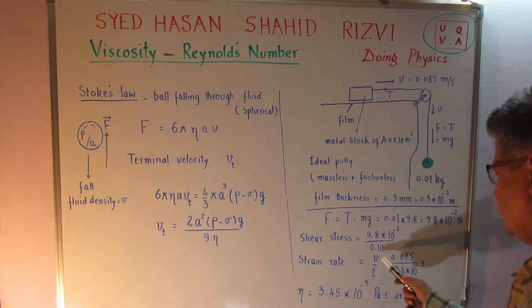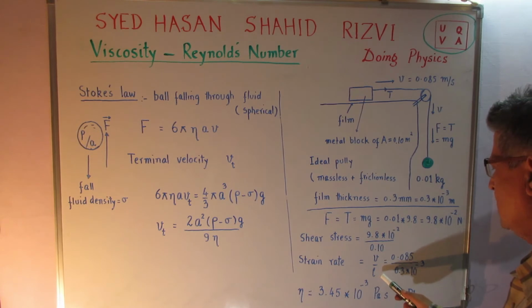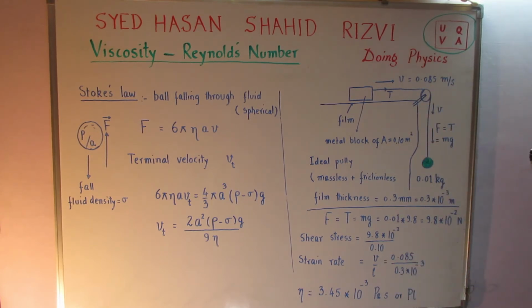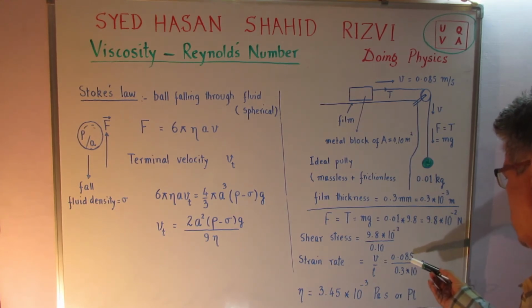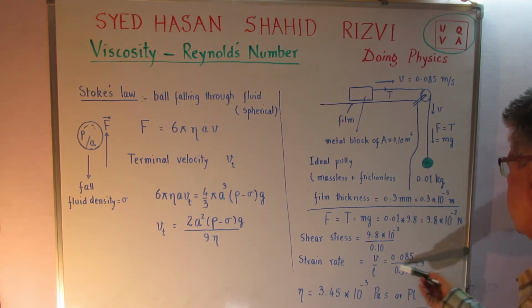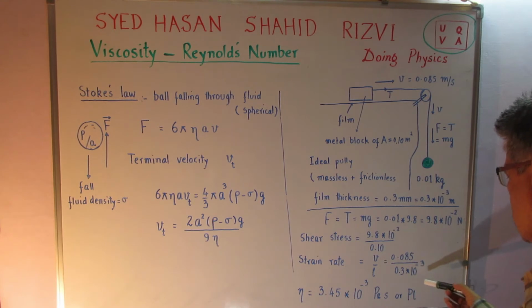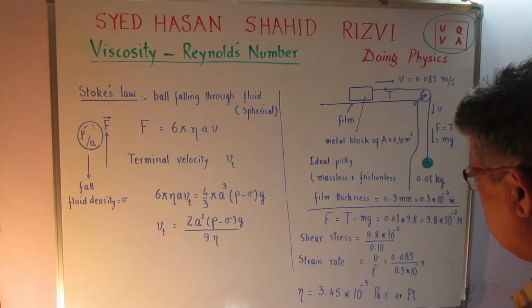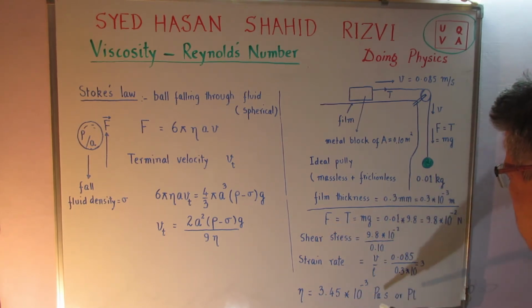Then we find the shear strain rate, which is equal to V upon L, where V is the velocity which has been found in meter per second, 0.085, divided by the thickness of the film, that is L, 0.3 into 10 to the power minus 3. When we work it out, we find the value of eta to be 3.45 into 10 to the power minus 3 Pascal second.